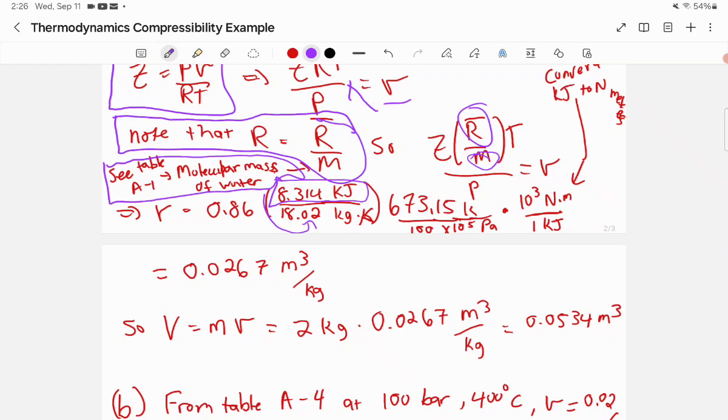So we find that and substitute that in for M, which is 18.02, and then what we're going to want to get is obviously everything in terms of meters, and in this case in kilograms. So basically, first of all, we're going to convert the bars, so it's not just 100, it's 100 times 10 to the fifth, because a Pascal is a Newton per meter squared.